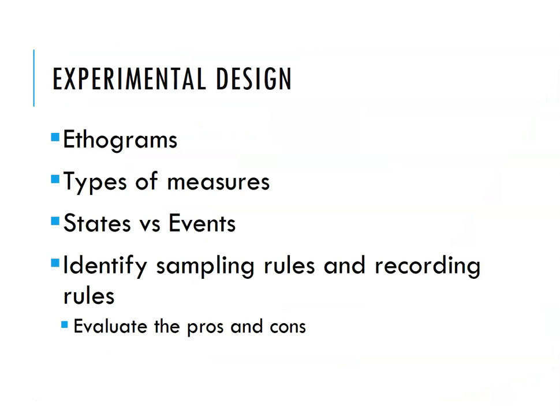And so today I want to briefly just talk about ethograms, which we mentioned last time, go through different types of measures of behaviors that you can take, of course, looking at the difference between behaviors that are more states versus events, and then looking at the sampling rules and recording rules and evaluating the pros and cons of each, so you can start thinking about these in terms of what would work for testing your variables as related to your hypothesis with the organism that you're interested in.